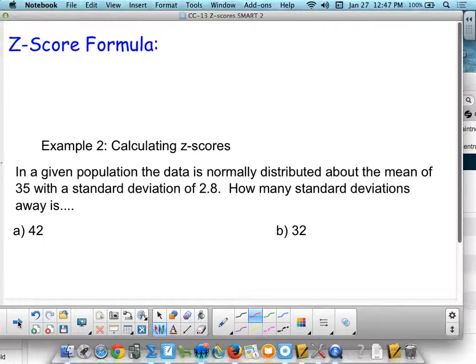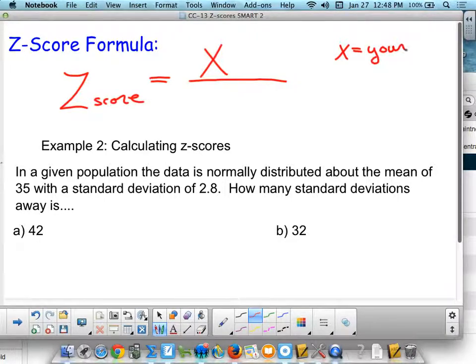Z-scores. Okay, hey, guys, I've been giving you the z-score. Now you gotta come up with the z-score, and here's how you do it. It's a quick formula. The formula says take x. By the way, x is your data. If you were taking a test, you would take your test score and put it right there.